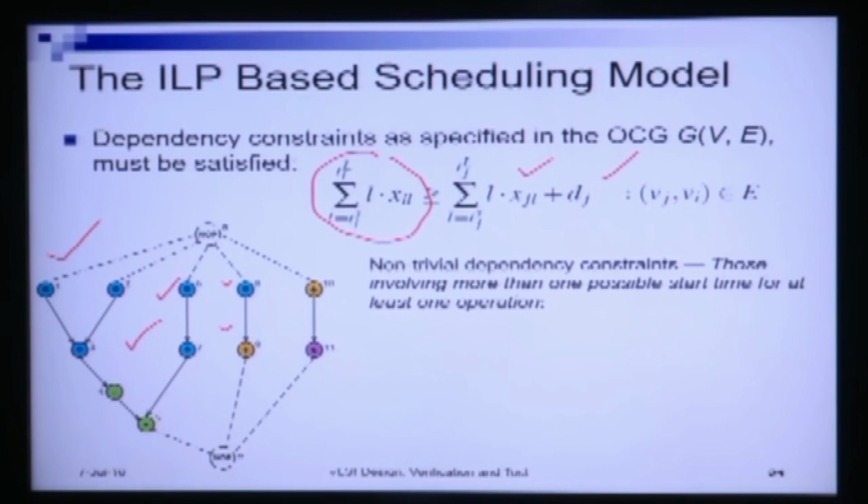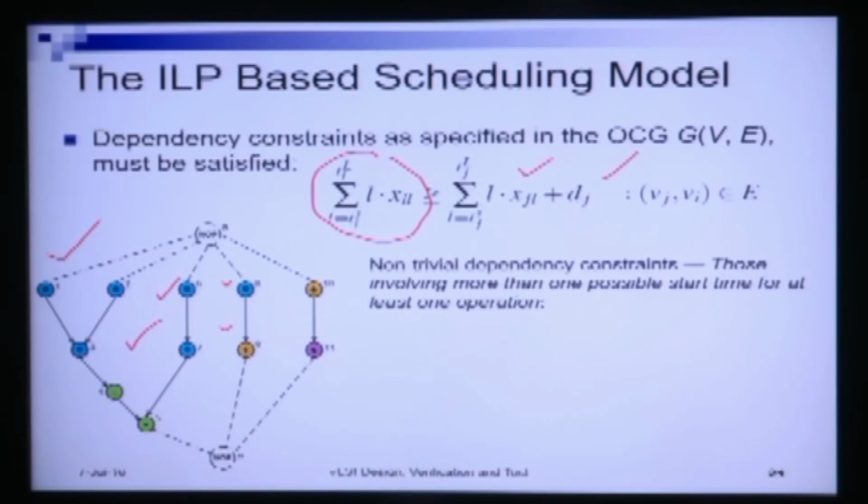Now, in our example, we don't show all the dependency constraints here, but show only the non-trivial dependency constraints. What do we mean by non-trivial dependency constraints? Those dependency constraints involving more than one possible start time for at least one operation.